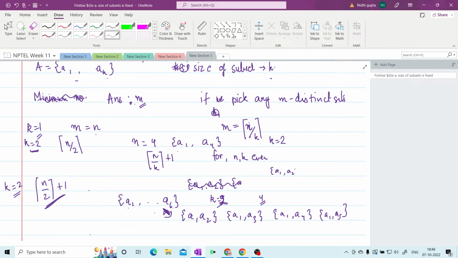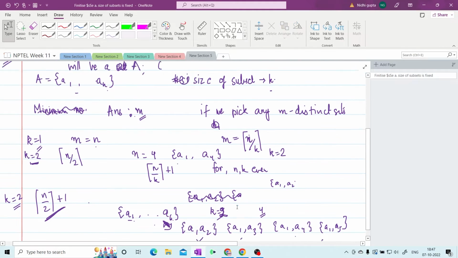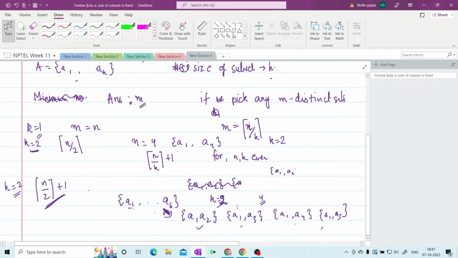For n equal to 6 and k equal to 2, this term comes out to be 4, and we can take our collection to be this. Then we are already taking four collections.